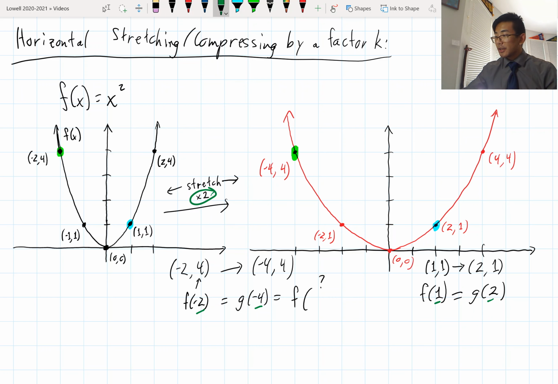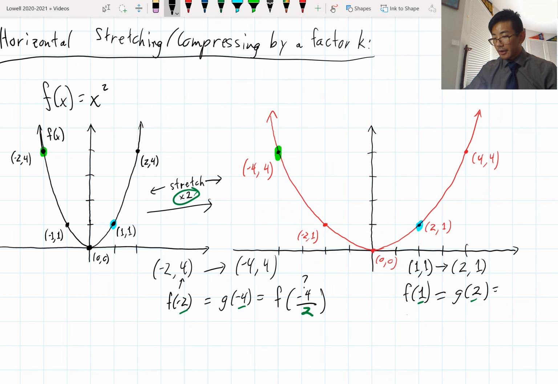And so when I plug in -4 for f, the way I'm going to convince it or trick it into thinking it's plugging in -2 is to divide it by 2. And I'm going to draw this in green because that's where that stretching factor comes in. Likewise, over here, I can rewrite this one as f of 2. Now when I plug in 2 to this, I'm tricking f into thinking it's actually plugging in 1.